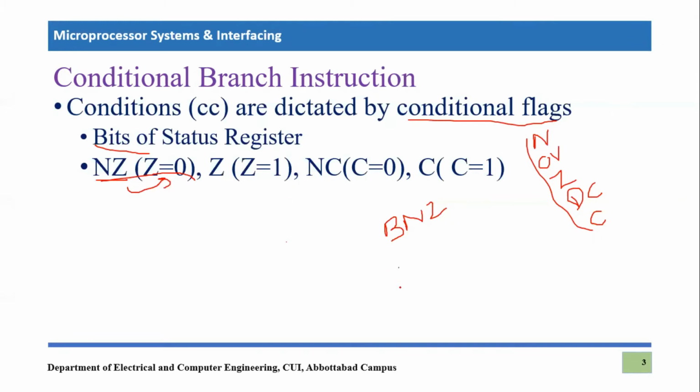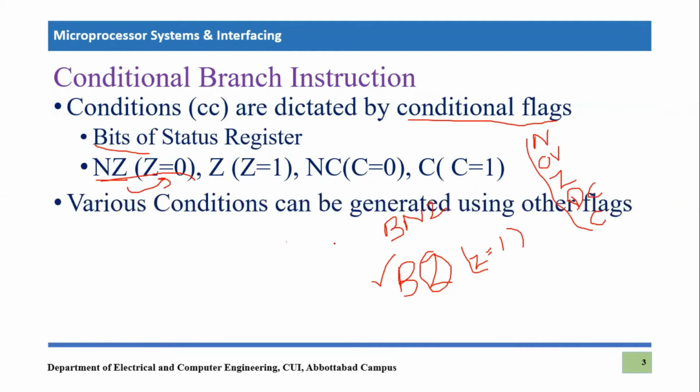Similarly, we can have branch Z. That means if the Z flag is equal to 1, then we will branch. So BZ means we need to check whether Z is equal to 1 or not. If Z is equal to 1, then this condition will be true, branching will happen, and program counter will be modified.